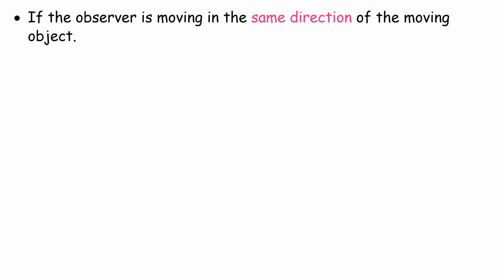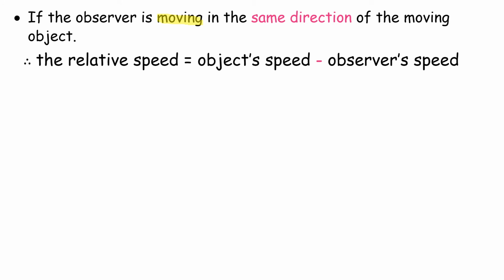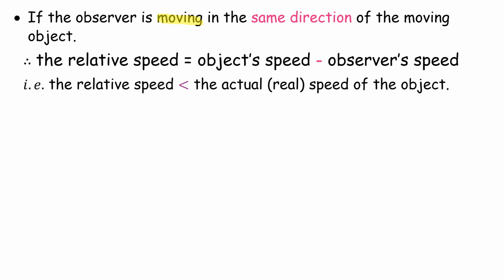If the observer is moving in the same direction. The word moving means the speed has a value that is not zero, moving in the same direction as the object. So the relative speed equals the object speed, or the car speed, minus the speed of the observer. As we measured, car A was 100 minus the observer in car B at 80, so the relative speed was 20. We did minus.